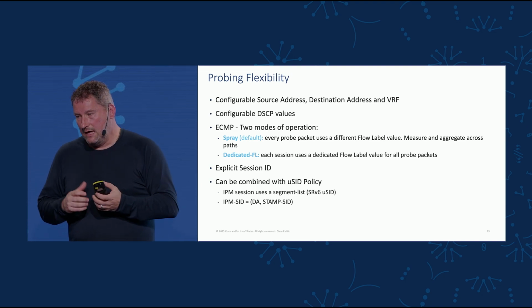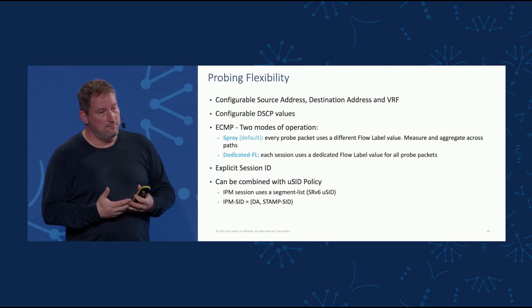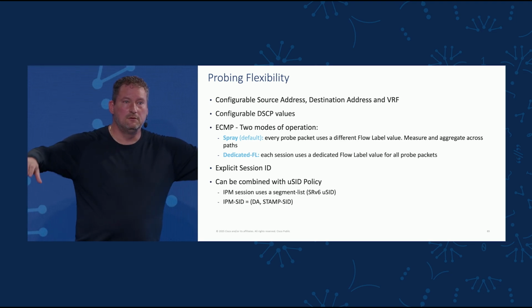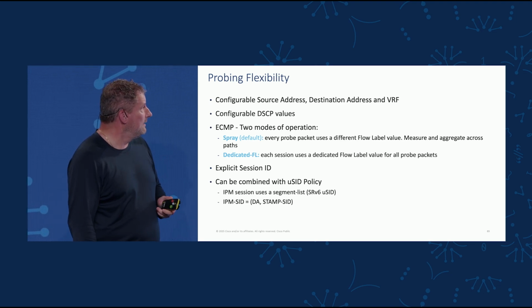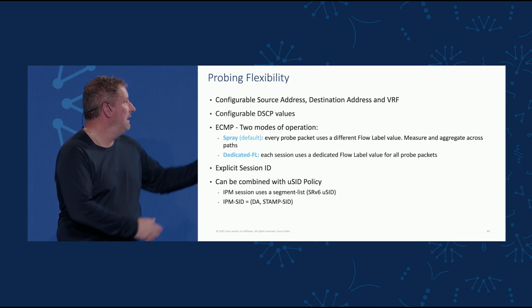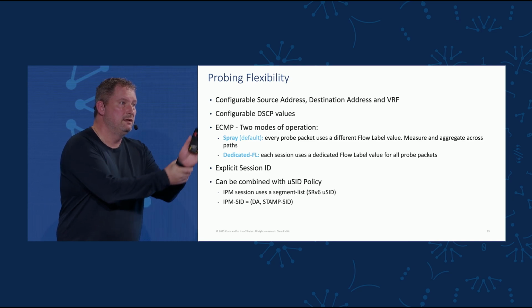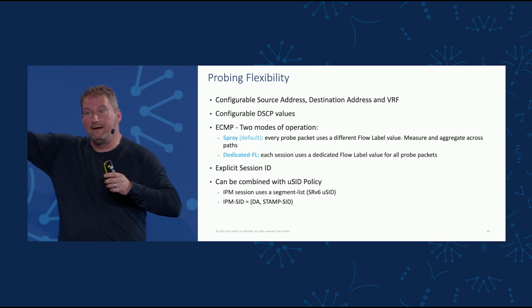Or dedicated flow labels. If you're asking me, how do I deploy this, Ianik, right? Well, first I do SRPM on the links. I need topology, right? And then what I might have is a session that sprays, and then a few dedicated flow label sessions that will hit that outlier, right?